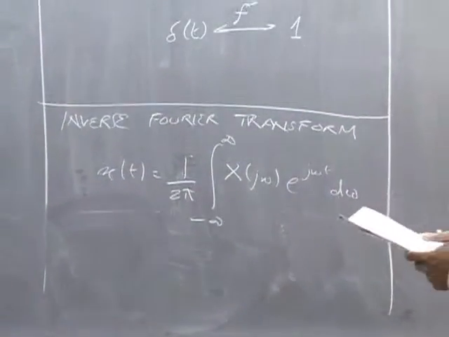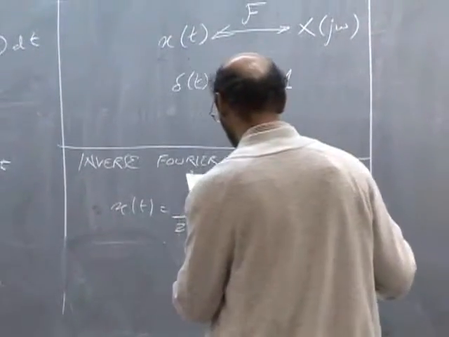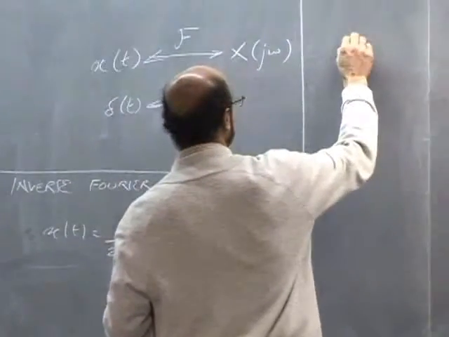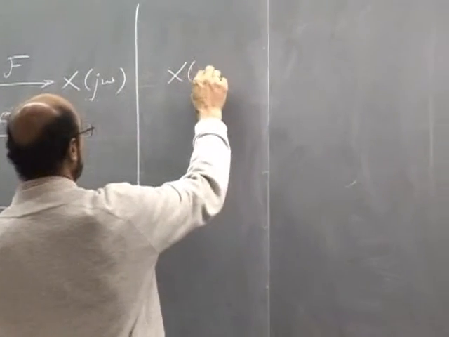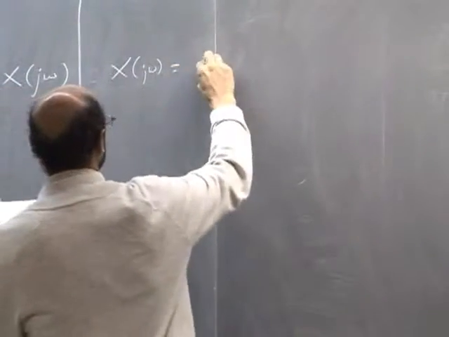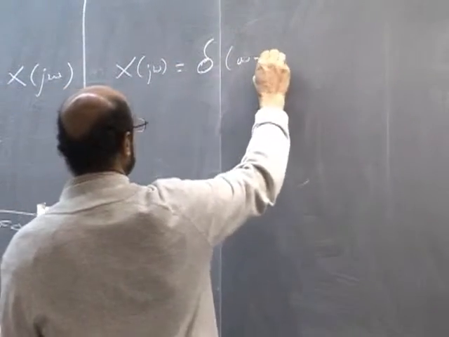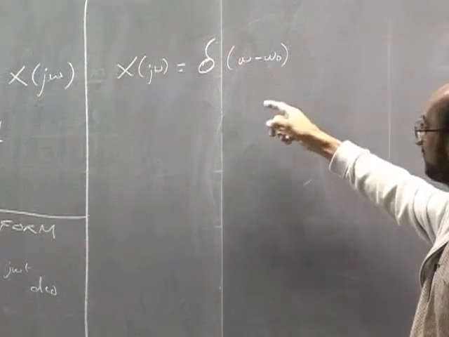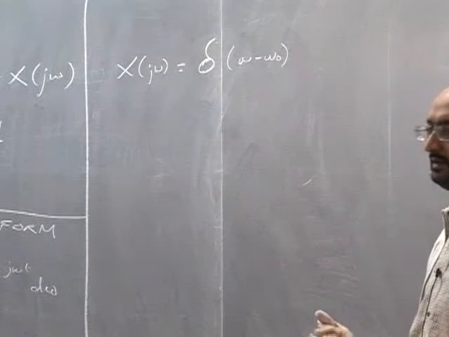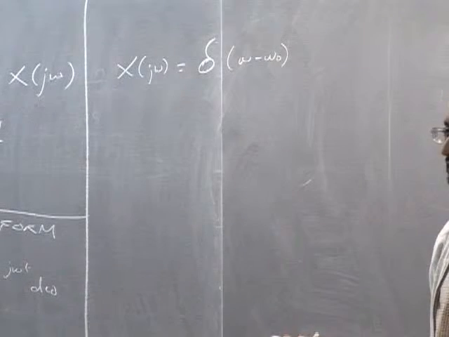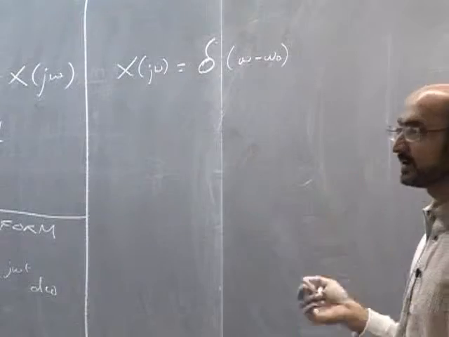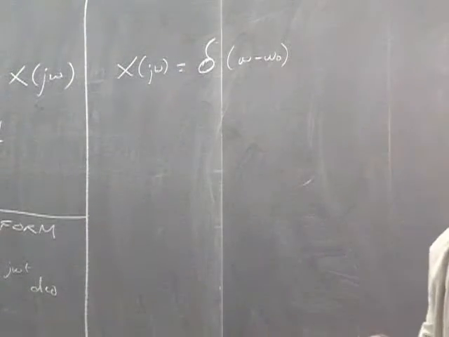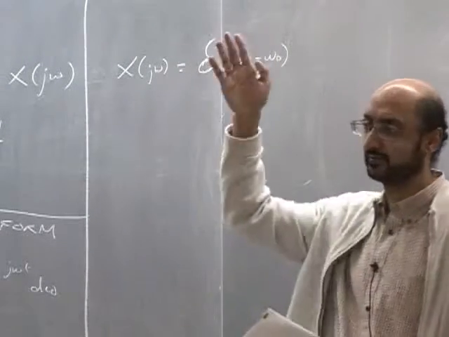Okay. So let's use this. Let's say I have a signal X(jω) equals δ(ω − ω₀). This is a funny thing. This is an impulse in the frequency domain. Delta t means at time 0 we have an impulse.